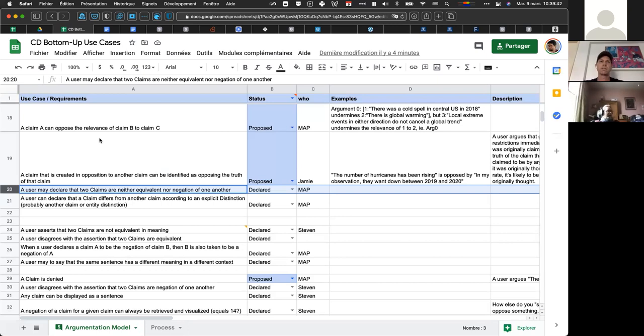Okay. Where is it? But isn't it just about saying, okay, when I'm saying these two things are not equivalent, I have more information than not saying anything? Because they could be equivalent.